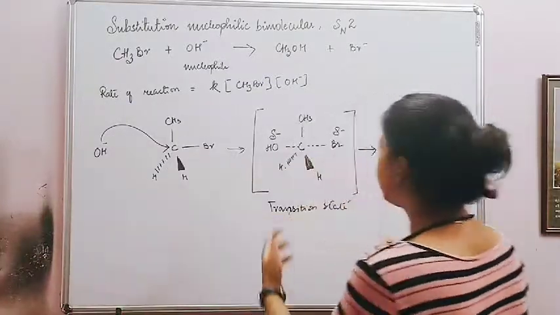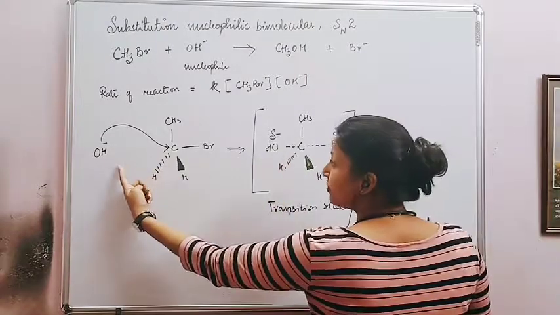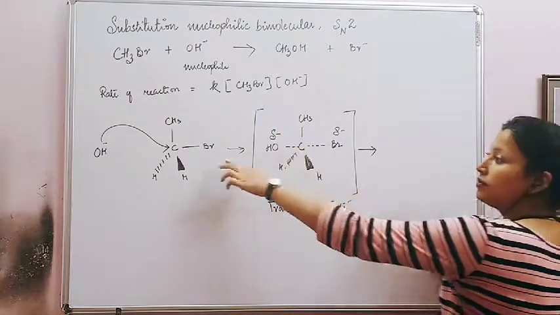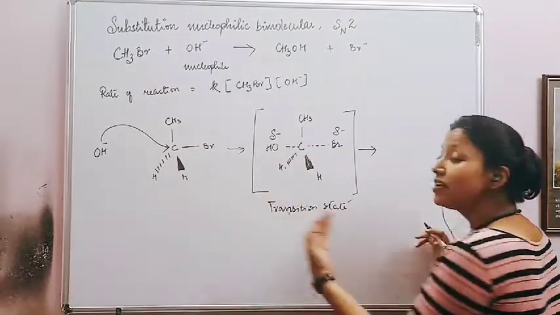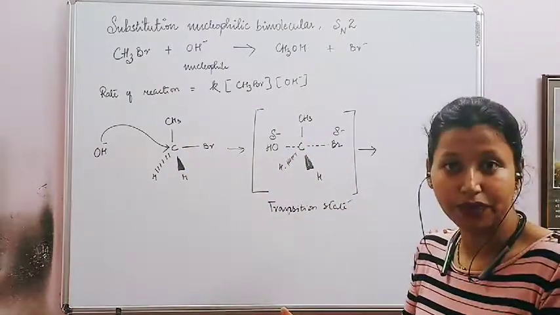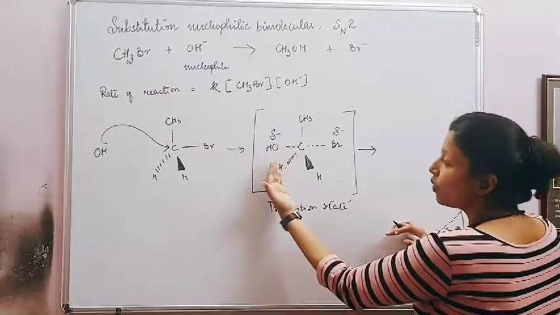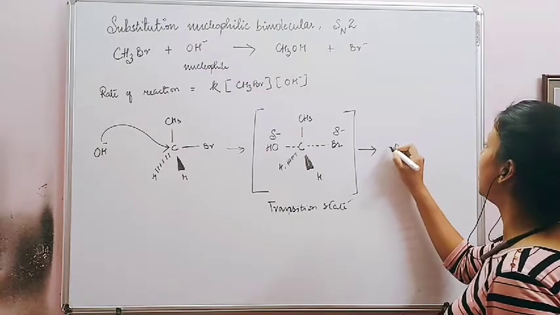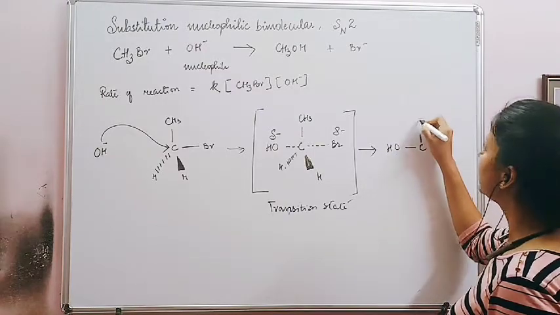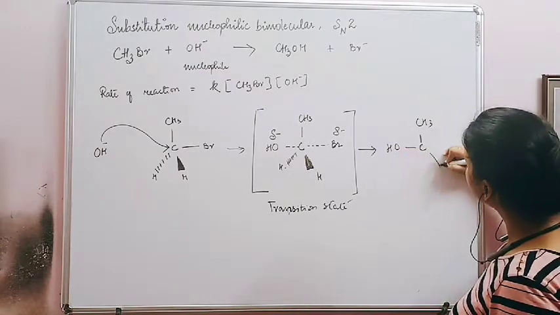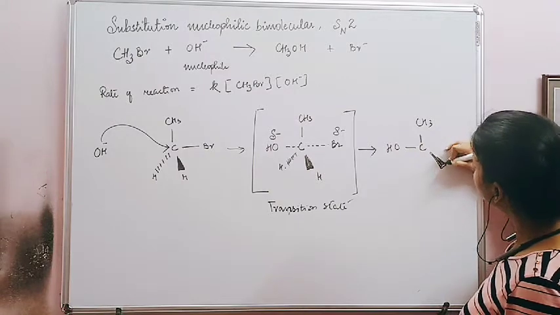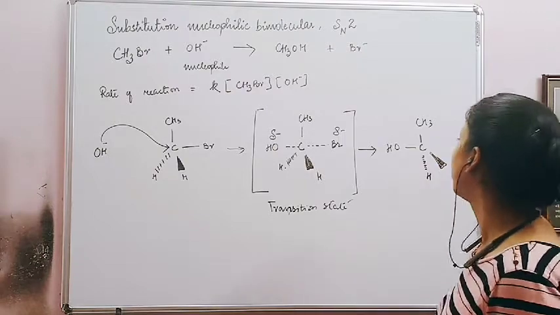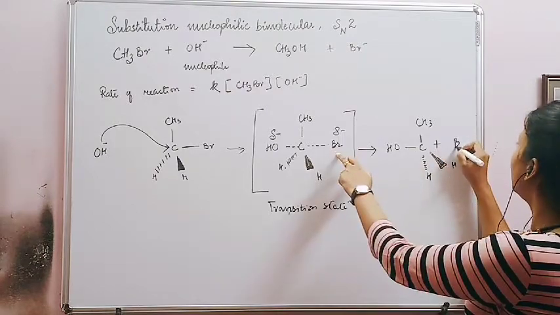What is our product? Since the nucleophile comes from behind and attacks the carbon atom from behind, the molecule flips, and this hydrogen which was on the side will come this side. So we have OH, CH3, H and H, plus Br minus.